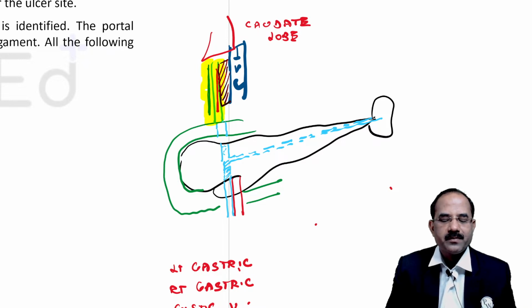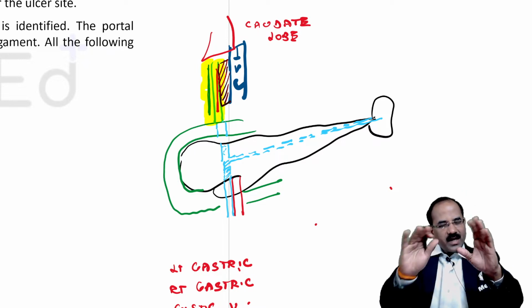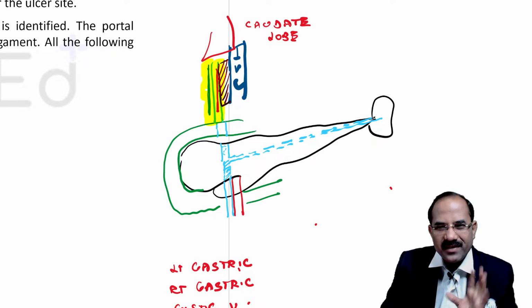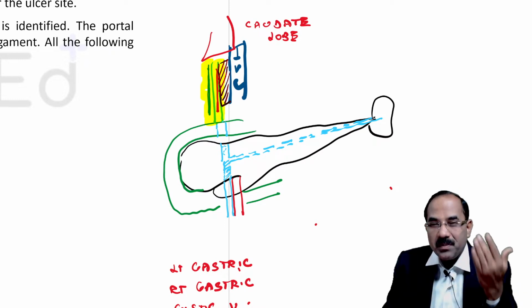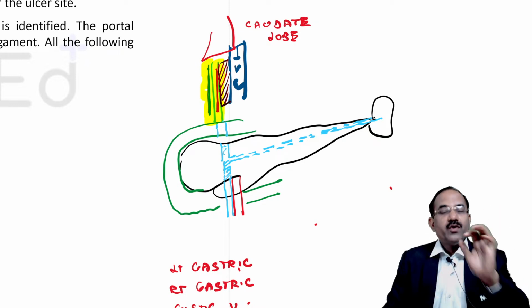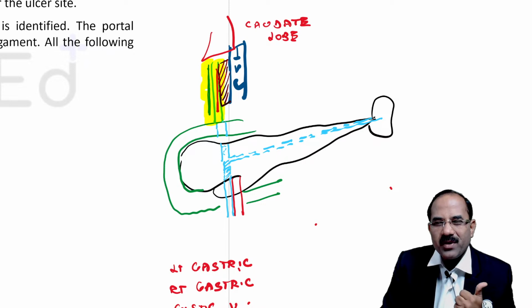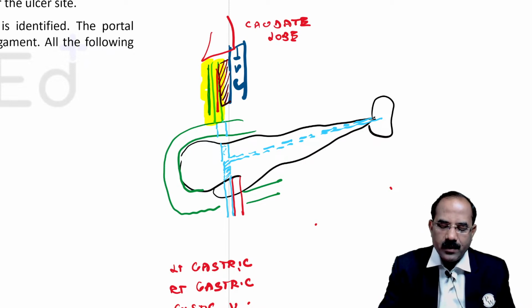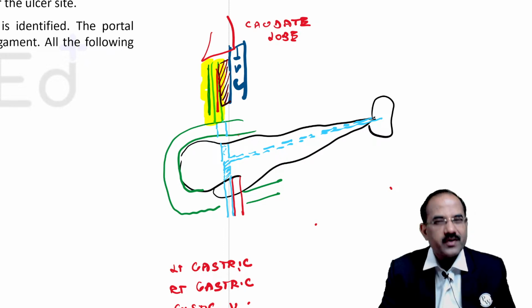Yes, very good. So I've told you the relations of the supraduodenal part of the portal vein, right? We've discussed the epiploic foramen, also known as the foramen of Winslow. We have understood the relations of the epiploic foramen. Okay? Fine. Very good. Now come to this part. What is this part of the portal vein? It lies behind the first part of the duodenum.